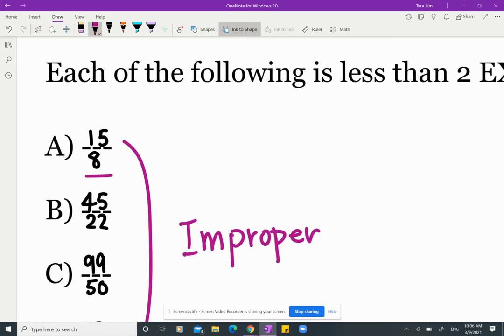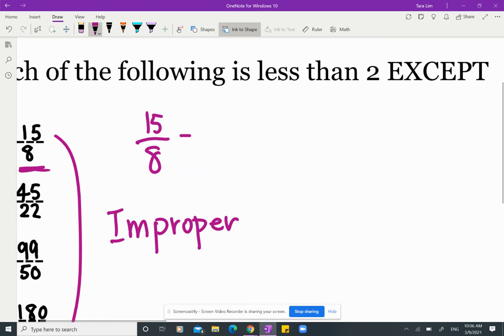So for example, let's do A, 15 over 8. Now, when you see this, it is the same as 15 divided by 8. So what we're going to do is 15 divided by 8. So 15 divided by 8 will give us 1 and a remainder of 7.